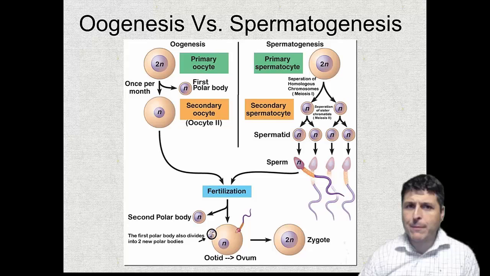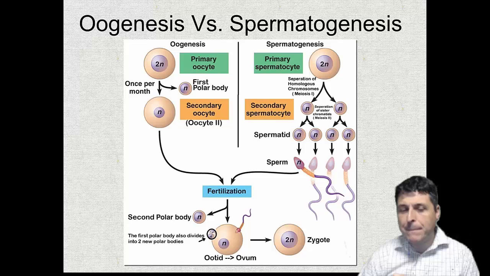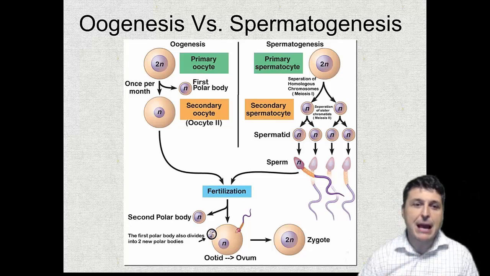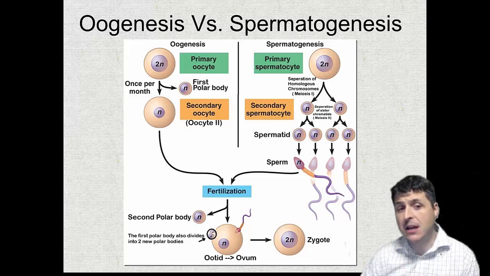Now, when we're forming eggs in the females, our primary cell is called the primary oocyte. It will divide by meiosis 1 and create two cells, but there will be something different happening here. In that first division, there will be an unequal distribution of cytoplasm, such that one cell will receive more of the cytoplasm than the other.